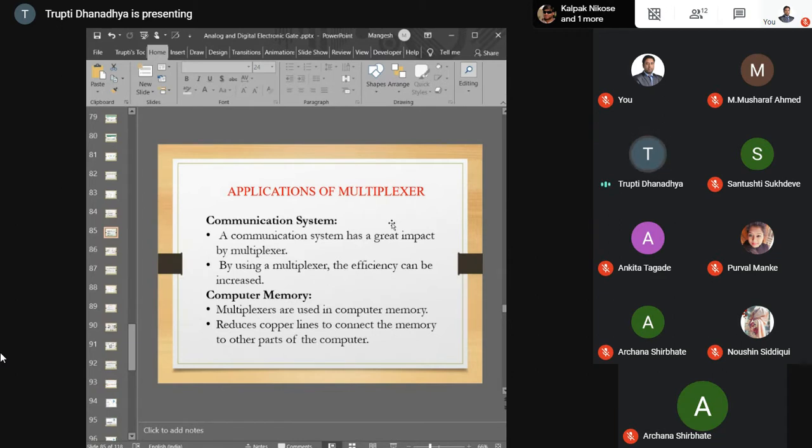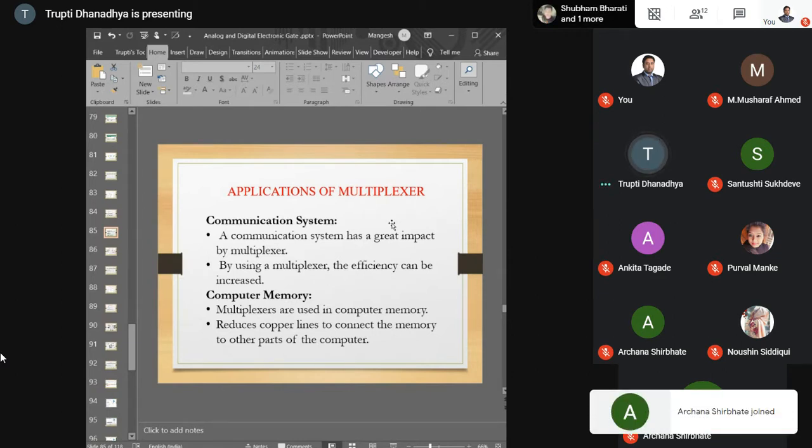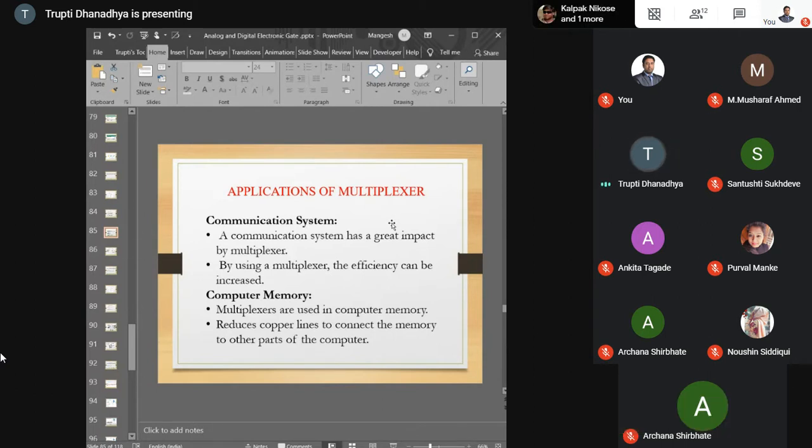The efficiency can be increased because the selector lines are used to select the input, and we get the output accordingly. The selector lines work as a fast operation, and the system is also not complicated, because the enable line and selector line are used for designing the multiplexer. So there is no confusion between the selector line and the output.